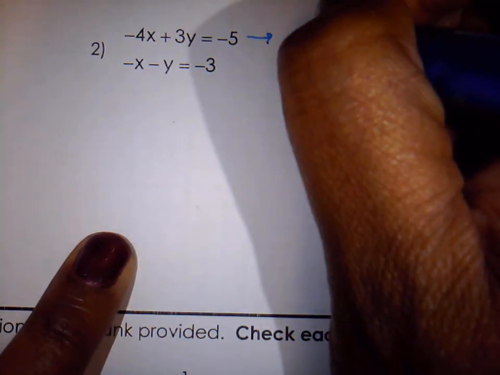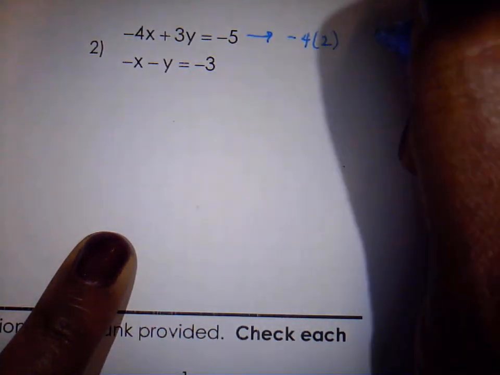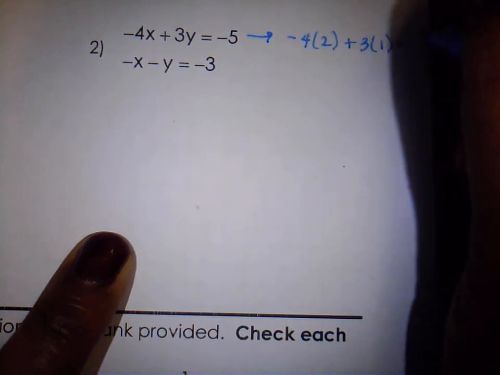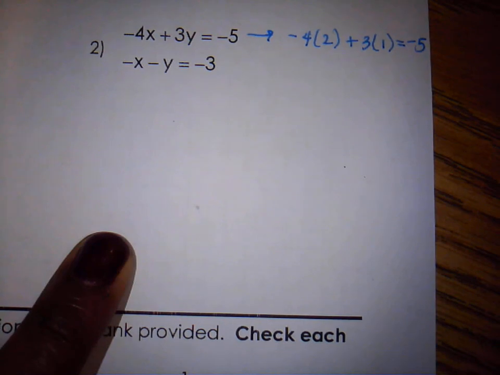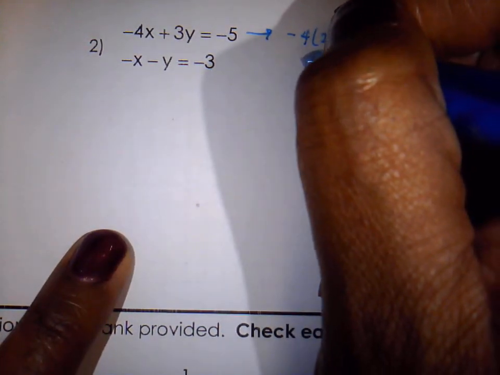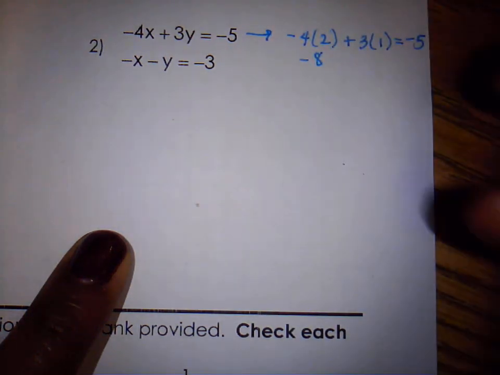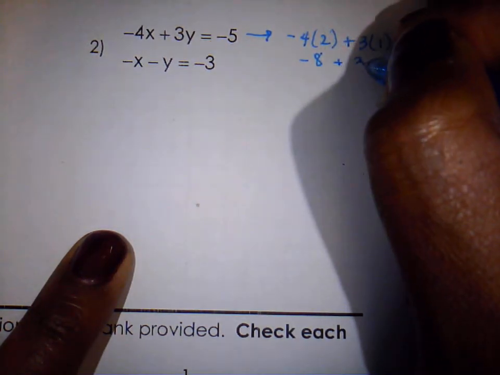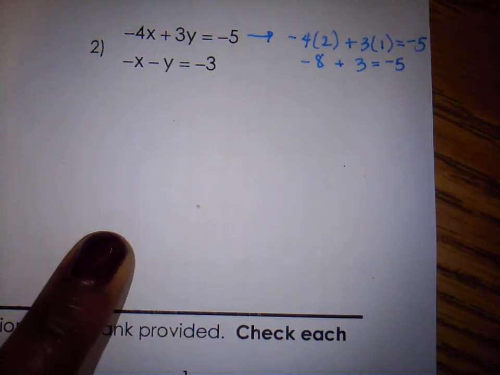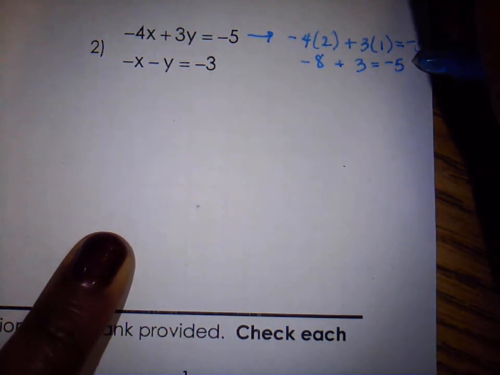I'm just going to say negative 4 times 2 plus 3 times 1 equals negative 5. I have that negative 8 plus 3 equals negative 5. Is this a true statement? It is. So check.